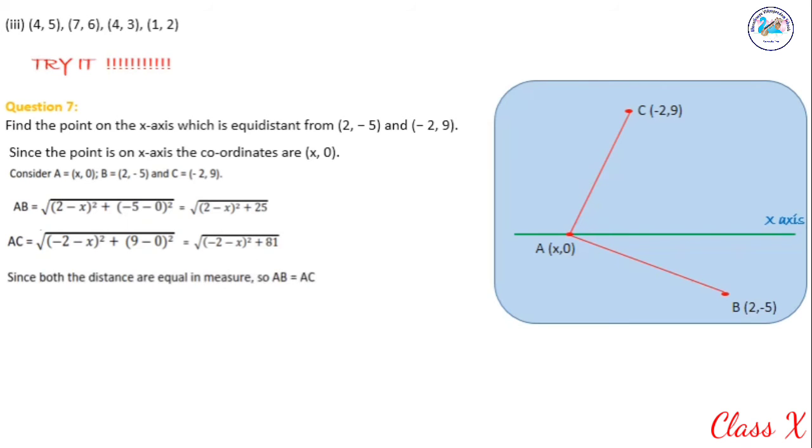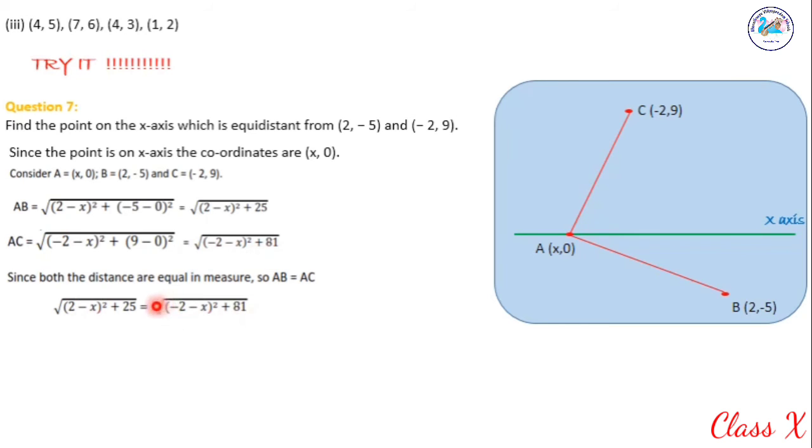They are telling us it is equidistant, which means AB is equal to AC. Both have the same distance. AB we have calculated: root of (2 minus x) the whole square plus 25 is equal to AC, which we have done here: root of (-2 minus x) the whole square plus 81.